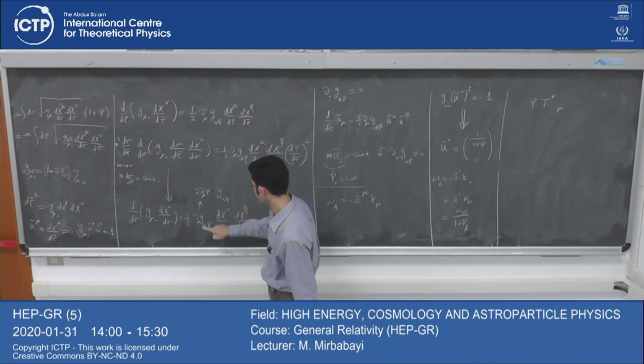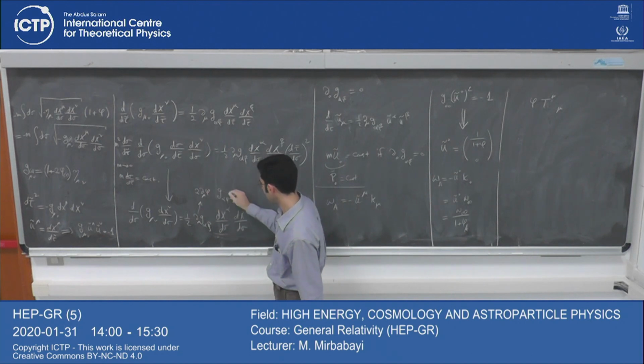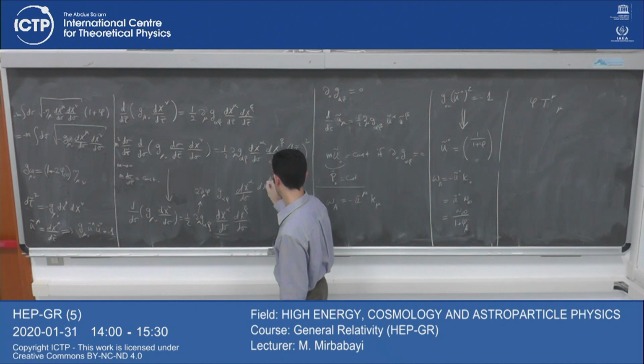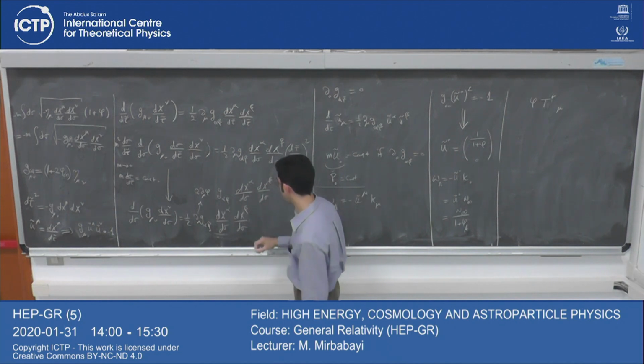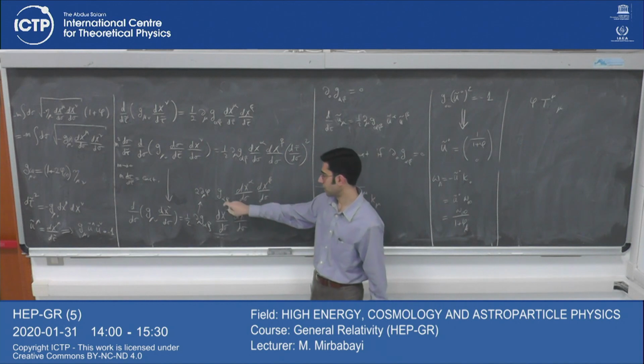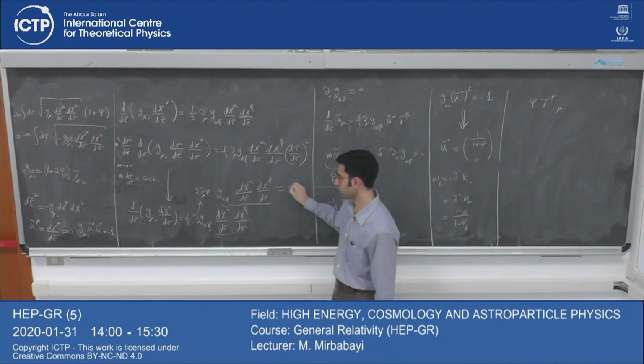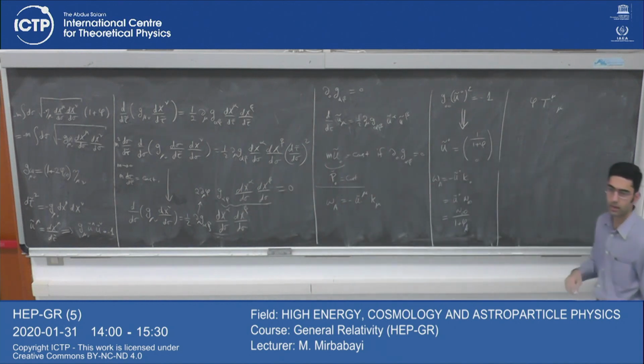So in this dilaton gravity case, I have d mu phi times g alpha beta, but then it is contracted with the four velocity of the geodesic. But for a null geodesic, this is equal to 0. So that's how null geodesics decouple from this theory.